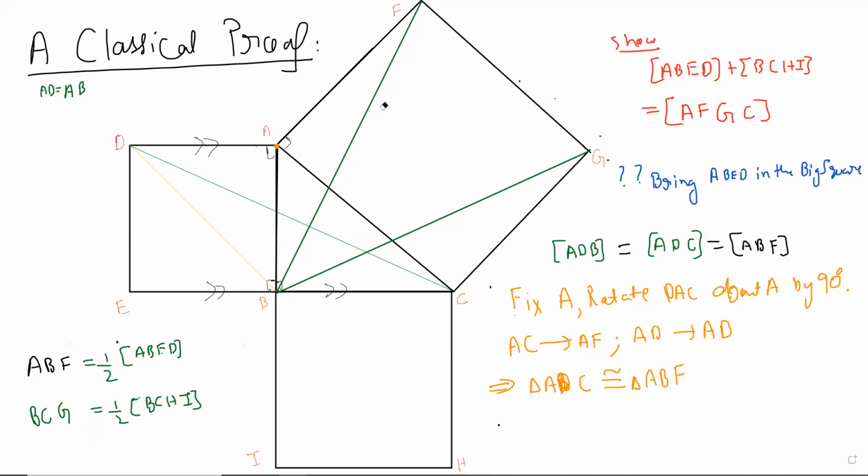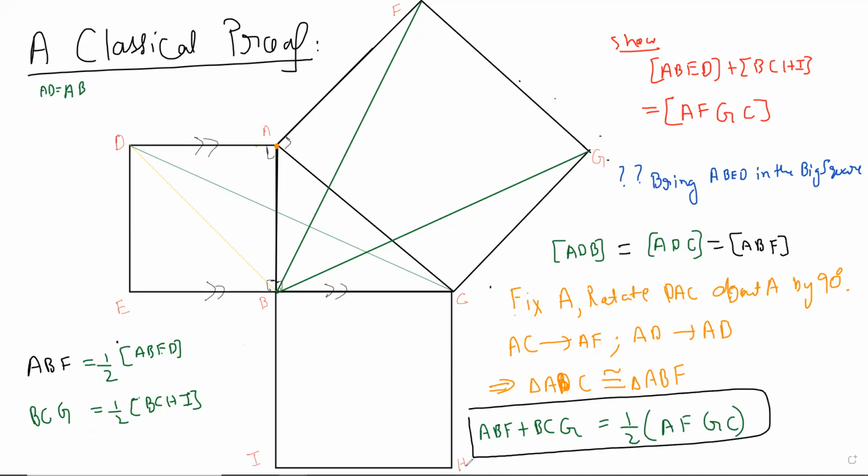So now we want to show that ABF plus BCG is half of the big square AFGC. This is not difficult, and this is your homework. There is no new concept again, but it's maybe a little tricky. You have to see.